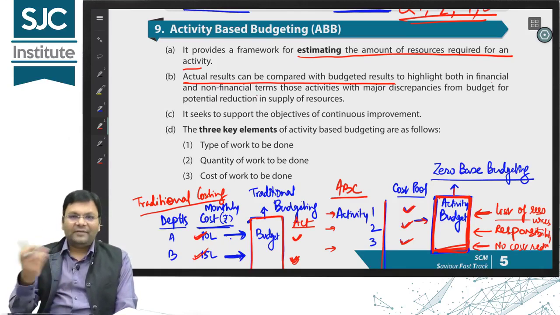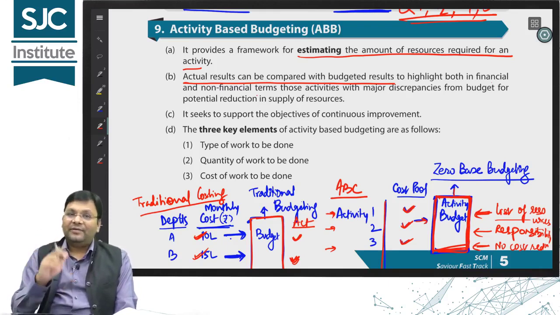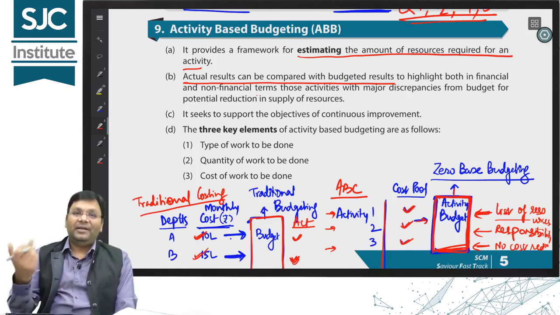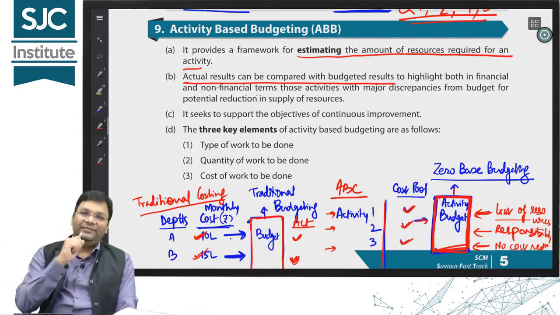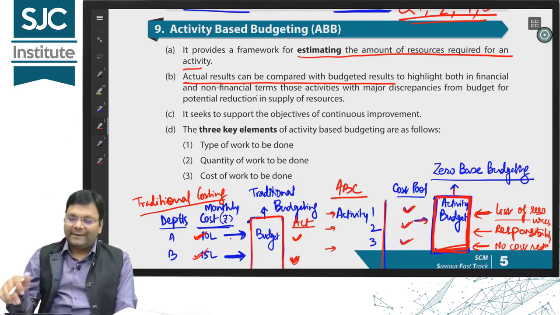Say instead of 10 lakh, if you have incurred 11 lakh, that is a financial deviation. Extra 1 lakh has gone. But if say instead of 10 lakh, you have incurred 9 lakh, you have saved 1 lakh, but because of that saving, you have lost your goodwill or quality, then you have a non-financial deviation. Just for example, you have to understand.